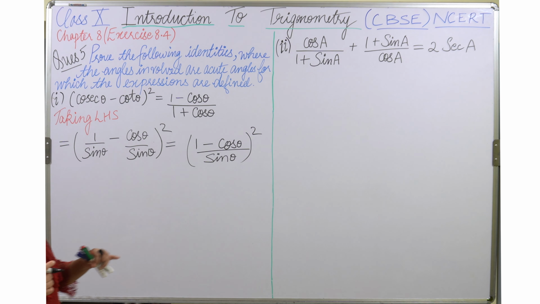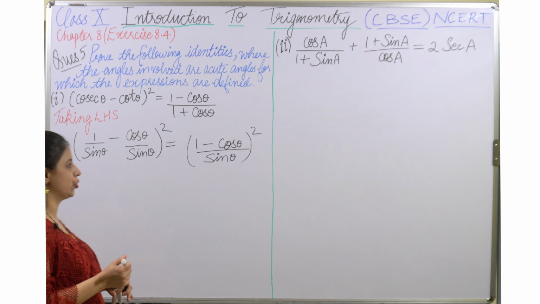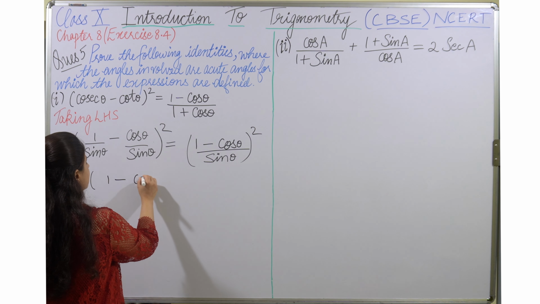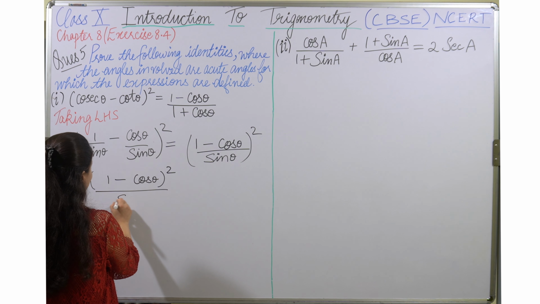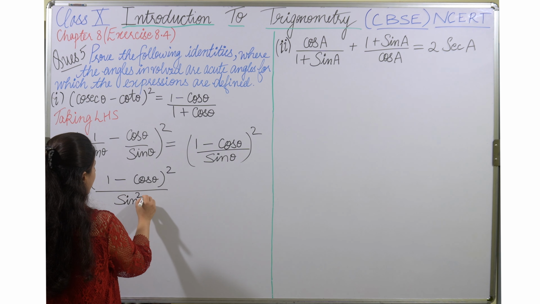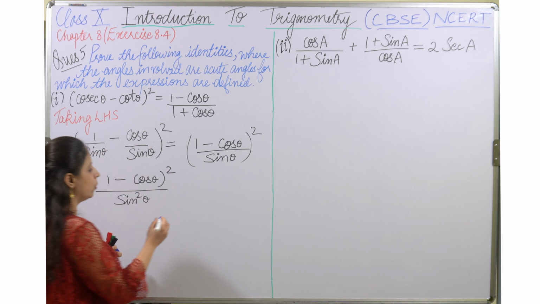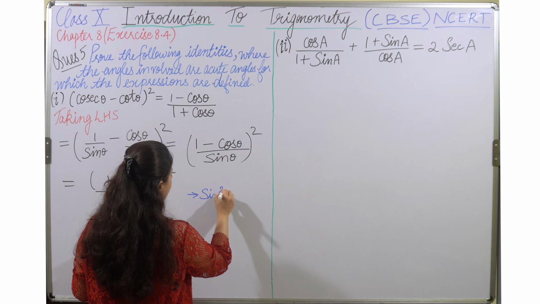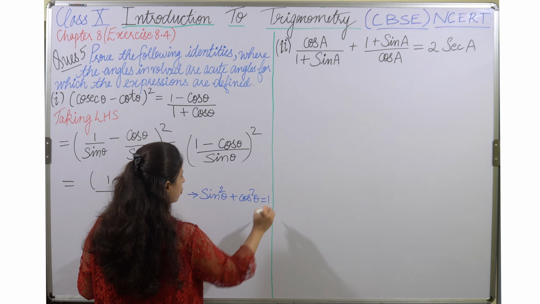Now the square part I will take individually in the numerator and denominator. In the numerator I will get (1 minus cos theta) whole square, and in the denominator I will get sine square theta. We know there is an identity, sine square theta plus cos square theta is equal to 1.